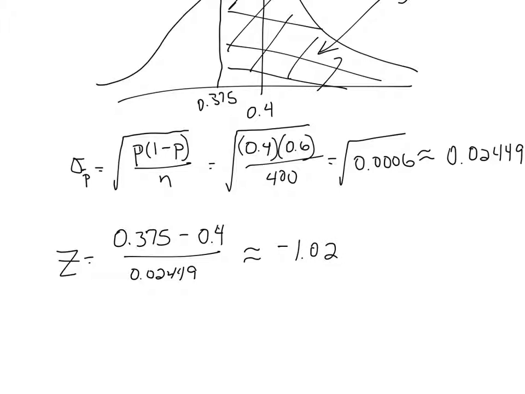So this is our z-score. Right? So we want to look up negative 1.02 in the z-table.